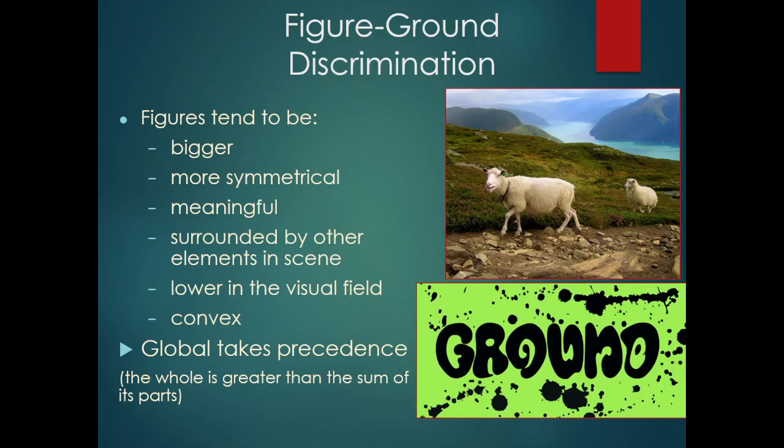So it seems like everything is really leaning towards ground being the first thing noticed, except for possibly the facts meaningful and surrounded by the other elements in the scene. But I think those are debatable, right? So I think that's why, for me, the first thing I see is ground.